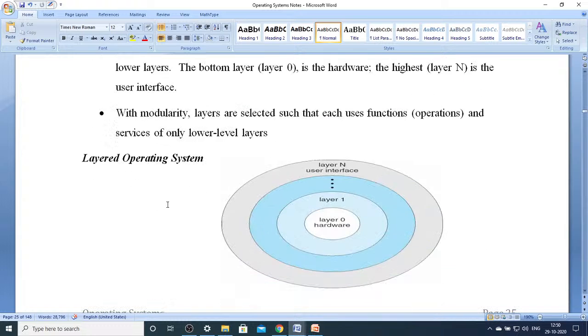And then the layered approach, where services are split into several layers. Layer 0 contains the hardware, and layer n is the user.